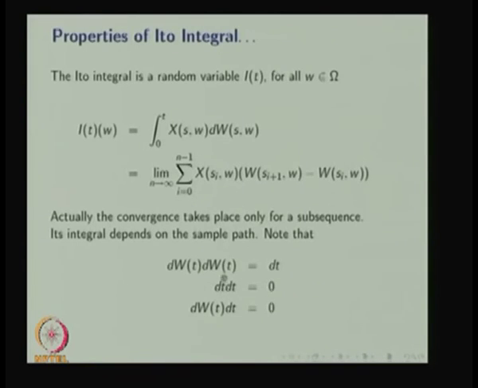Whereas if it is a real-valued differentiable function, then the quadratic variation of the function t will be 0. And the mixed variation, the cross variation of dW(t) with dt, will be 0. So the quadratic variation with respect to W(t) will be t, whereas the quadratic variation with the function t will be 0 and the cross variation will be 0. This result will be used when you are finding I(t).